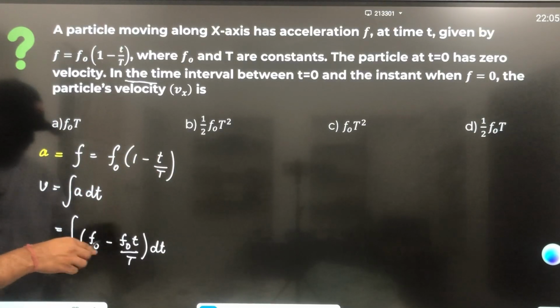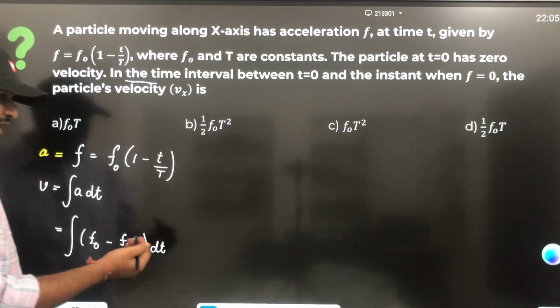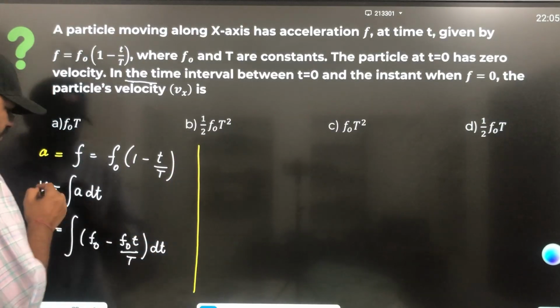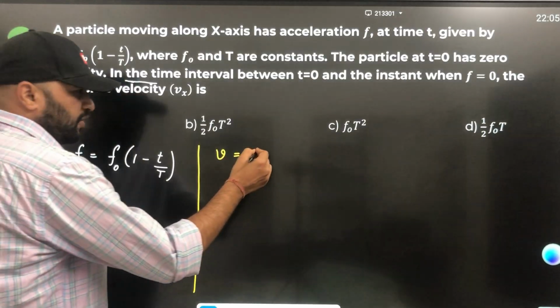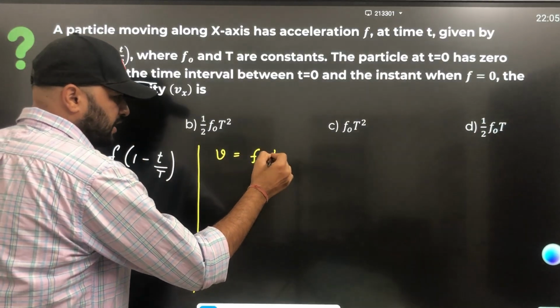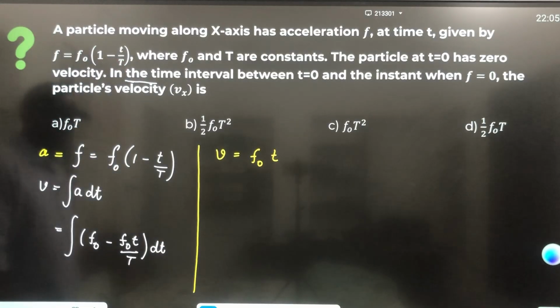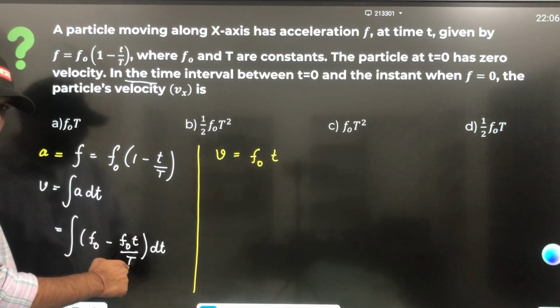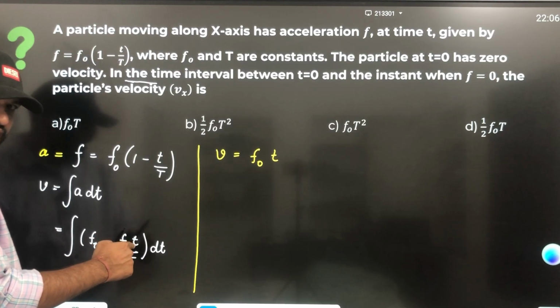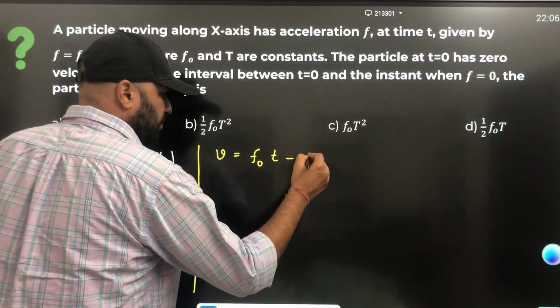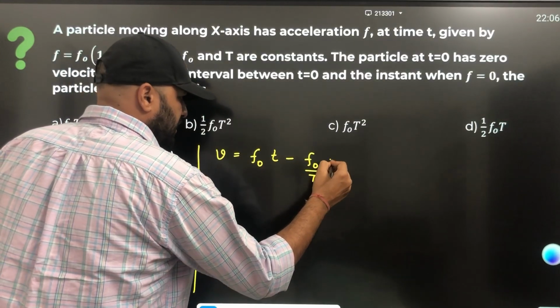Now let's simplify it further and integrate it. So on integration, our velocity function: integration of f naught, which is a constant as per the problem, gives f naught t. Here f naught and this capital T both are constants. The t on integrating will give us t square by 2, so this will be minus f naught by T times t square by 2.